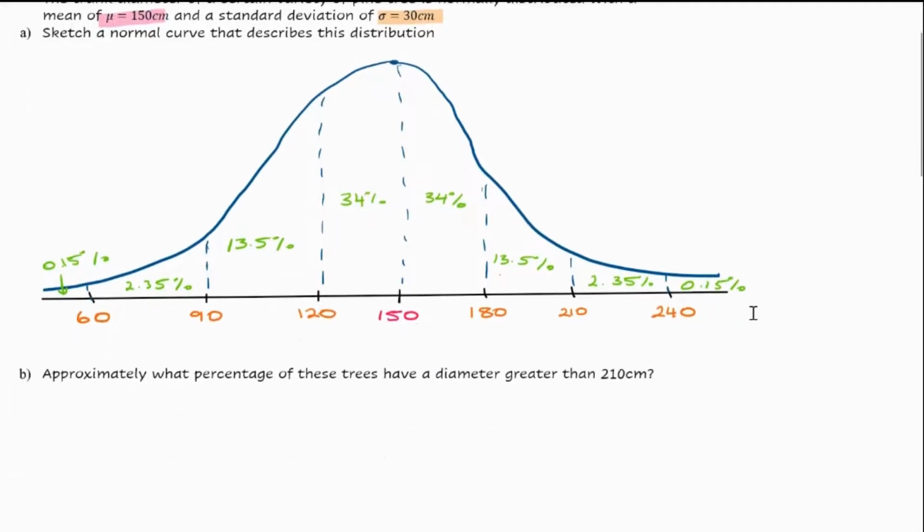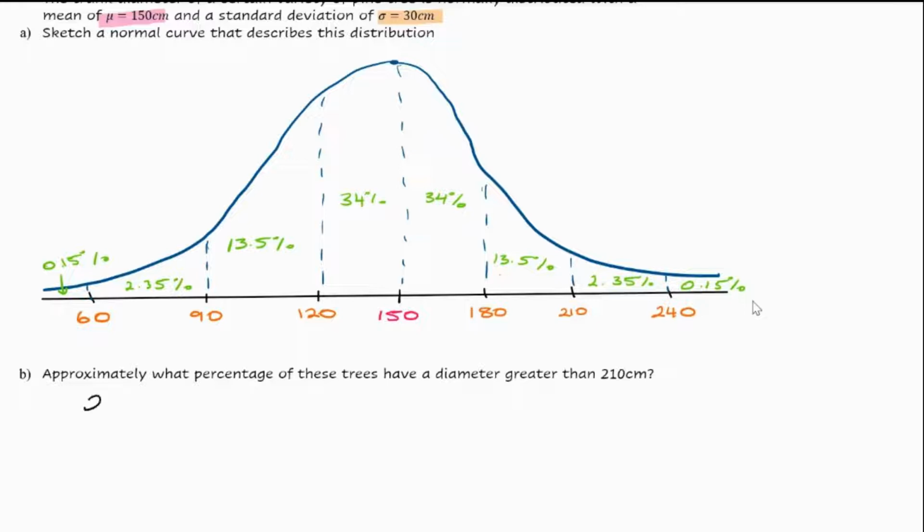So for my first question down here, it says approximately what percentage of these trees have a diameter greater than 210 centimeters. So looking at my normal distribution curve that I've created here, I'm looking at my 210 and it's greater than, so I'm looking at this side of my normal distribution curve.